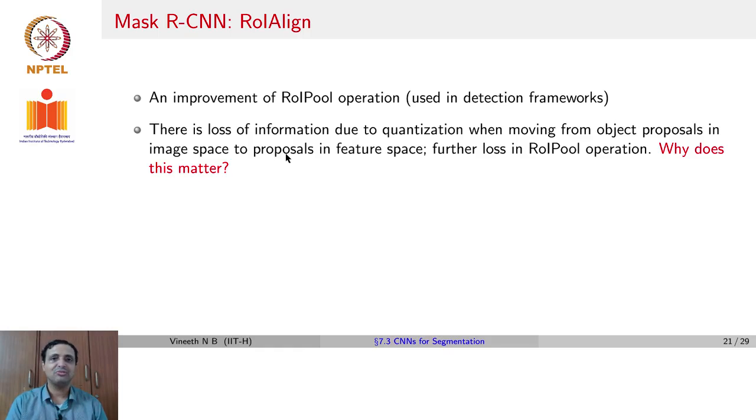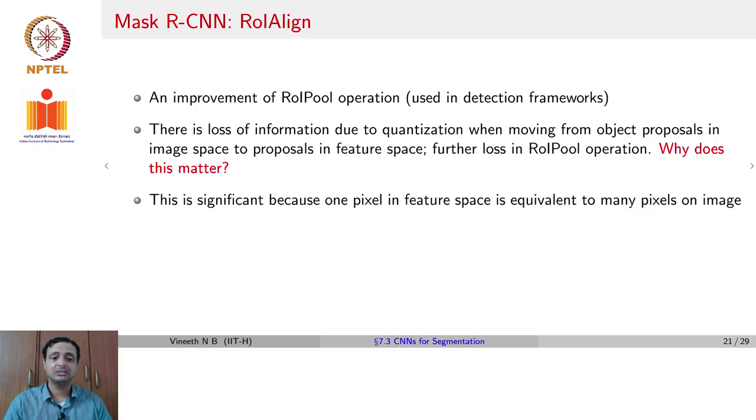In both Fast RCNN and Faster RCNN, we simply warp it to the size required and then bring your object proposals to that dimension. However, when you do something like this, you could face errors due to quantization. Why does this matter?